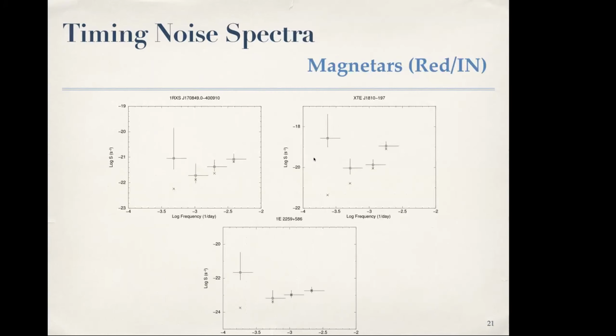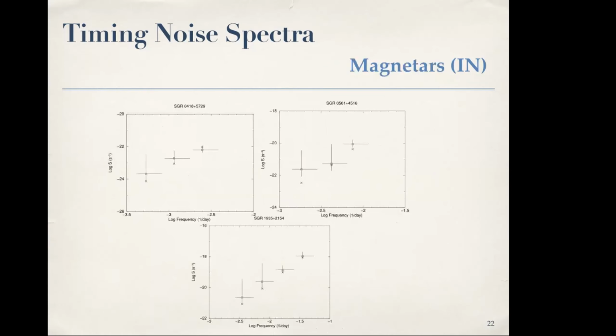This group of power density spectra of magnetars is characterized by a steep red noise component in the longest time scale and the flatter structure of instrumental noise in the shorter time scales. By instrumental noise, we mean that their noise strength estimations go alongside with the instrumental noises.